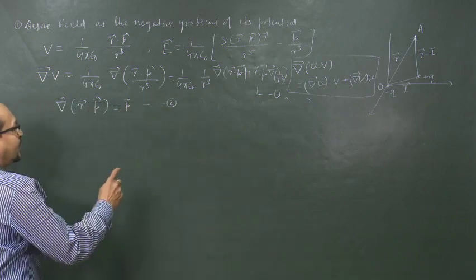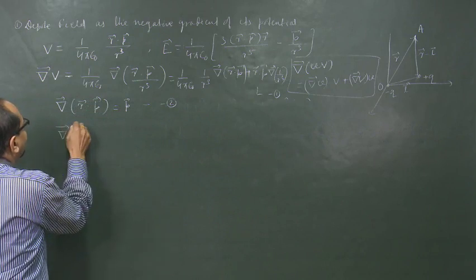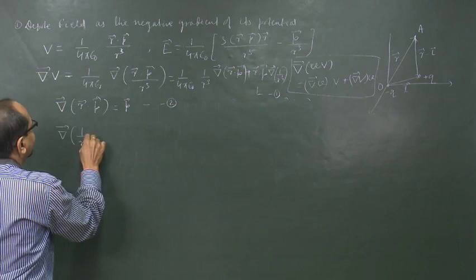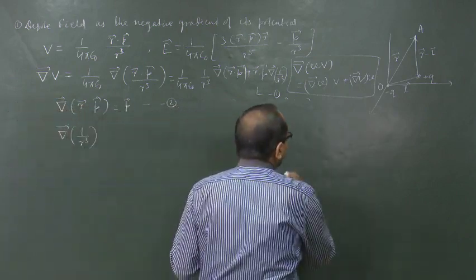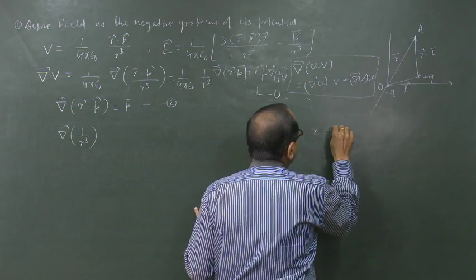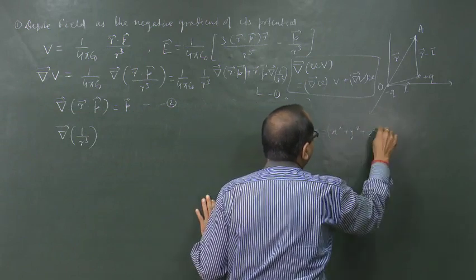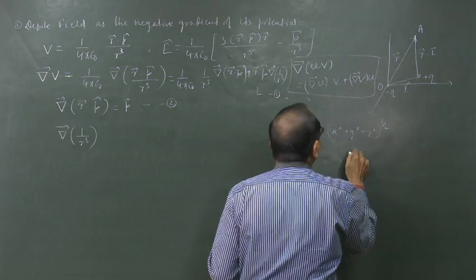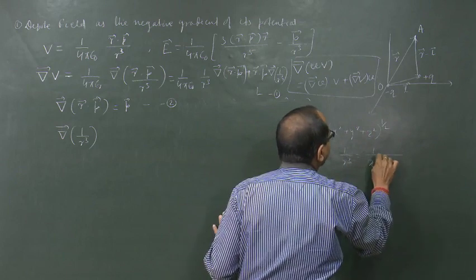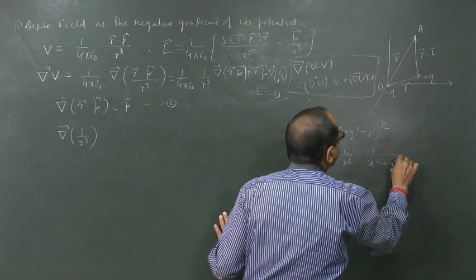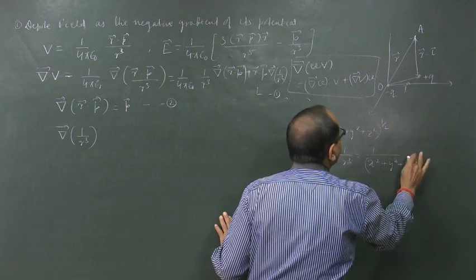Our gradient of 1 by r cube. r is our position vector, its magnitude is x square plus y square plus z square to the power half. So, 1 by r cube means 1 by (x square plus y square plus z square to the power half) to the power 3.